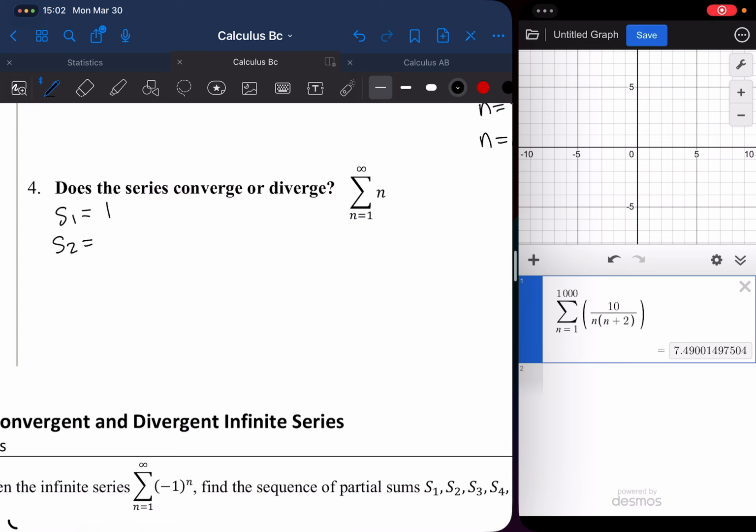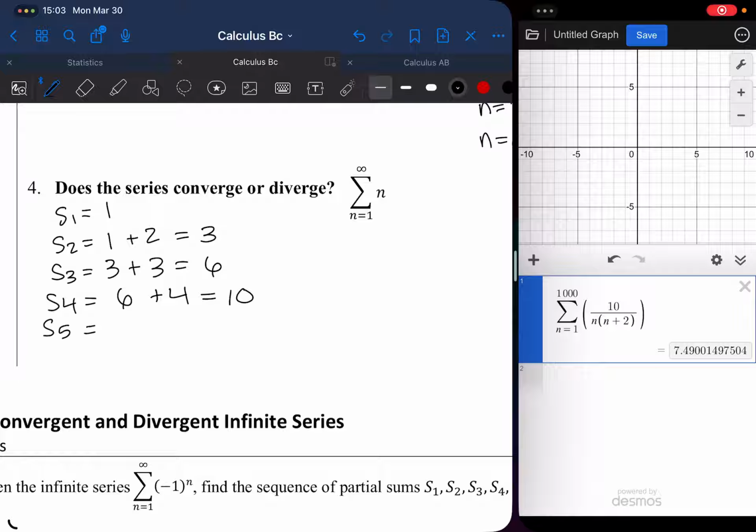S sub 2 is I'm bringing the 1 down and I'm adding when I plug 2 into n, which is 3. And then I'm going to keep doing this just for the first 4 or 5. Okay, so 3, plug in 3, that gives me 6. Bring the 6 down, plug in 4 for n, which is just 4. This gives me 10. And let's say I do this one last time, S sub 5, this gives me 10 plus 5, which is 15.